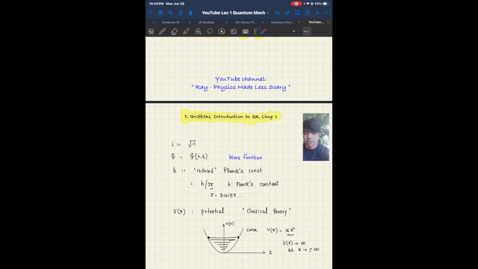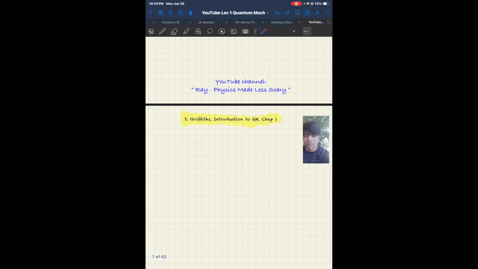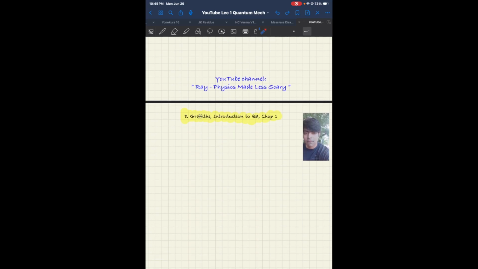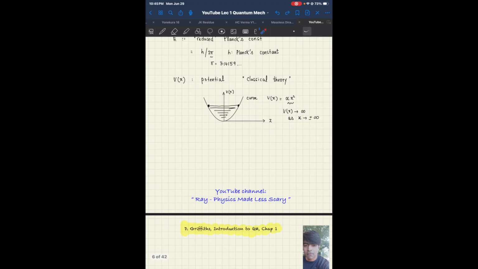Good. So I think I have already spent a bit in just introducing the basic equation. And by the way, I see in Griffiths that they have mentioned this value. It's not particularly important.